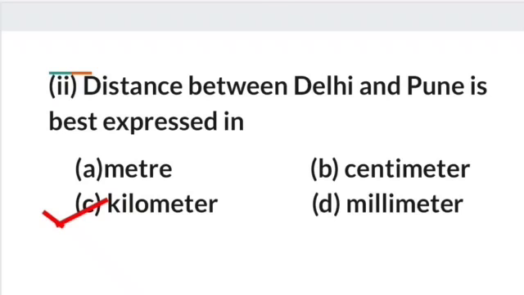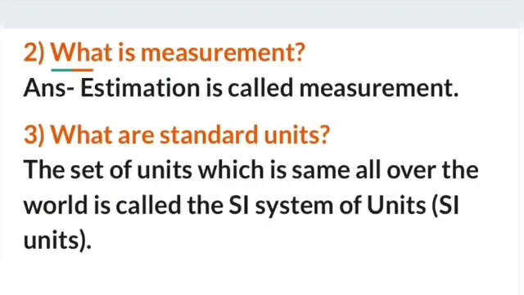C, kilometer, yes, this is the right option because the distance between Delhi and Pune is large. So it would be expressed in kilometer. Option C.